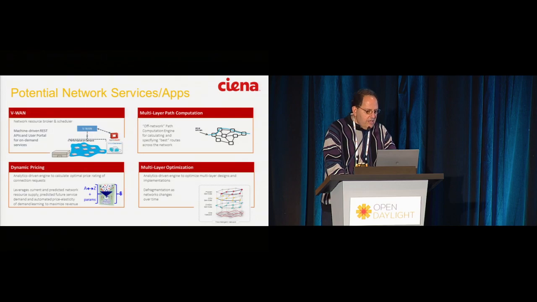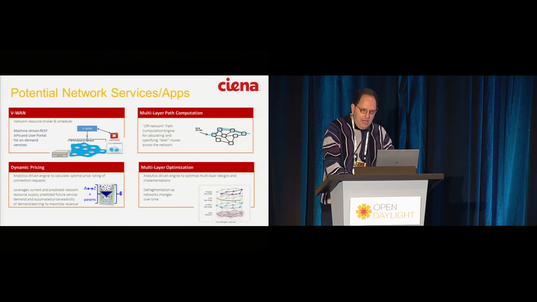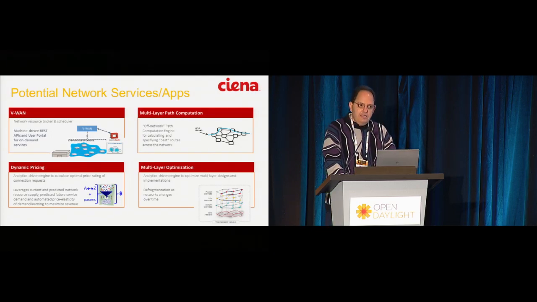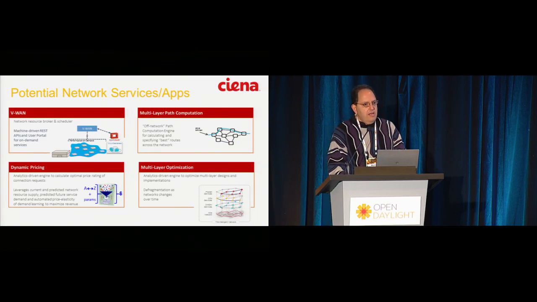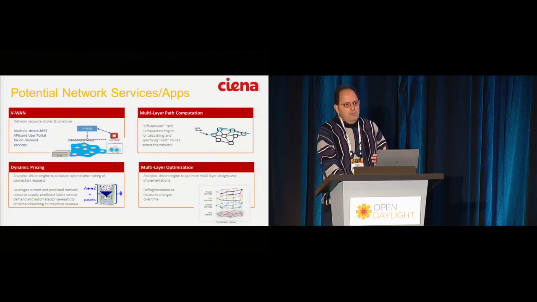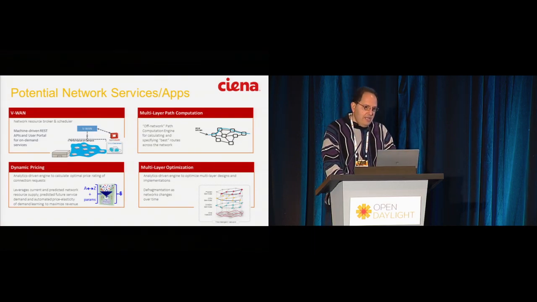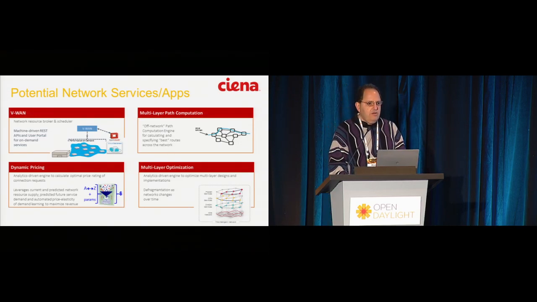vWAN, which is actually a product that's not available on OpenFlow today, but that's clearly our intent. It provides network resource scheduling and brokerage. It allows us to virtualize WAN connectivity between the data centers, typically in a cloud environment, and to provide and enable bandwidth on-demand services.